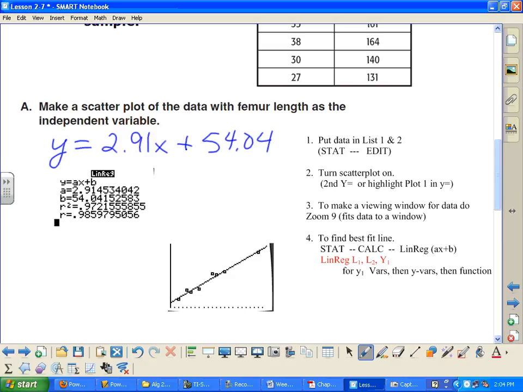Okay? So a 1 centimeter change in femur length is going to be a 2.91 centimeter change in actual height. And basically this y-intercept means that if they have a femur length of 0, they would be 54 centimeters tall. Okay, is that realistic? No, but it does fit. It's a good fit for the data we have here, though.